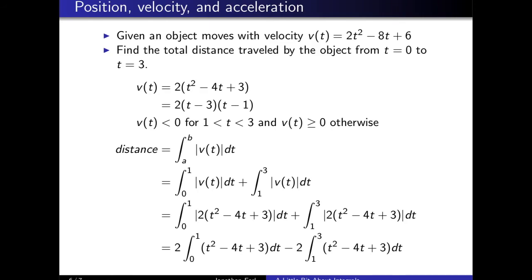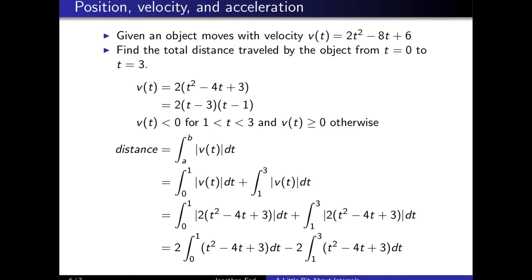So what that says is that our absolute value of 2t squared minus 4t plus 3 between 0 and 1 is just going to be 2t squared minus 4t plus 3. For the other interval, 1 to 3, remember that we'd said the absolute value of a negative number is minus that negative number. So you get minus a negative and get the positive number returned. So we're going to write the second integral as minus the integral from 1 to 3 of 2t squared minus 4t plus 3.